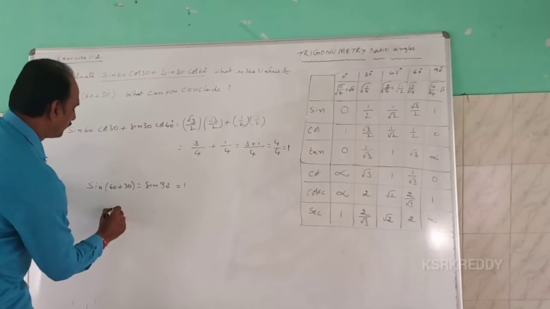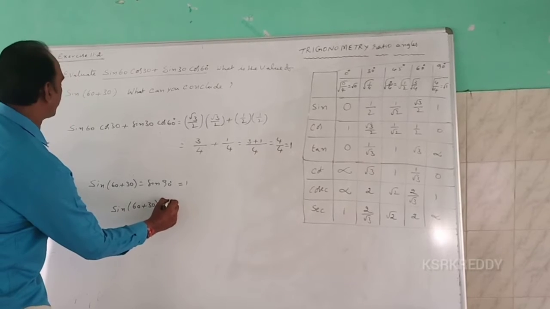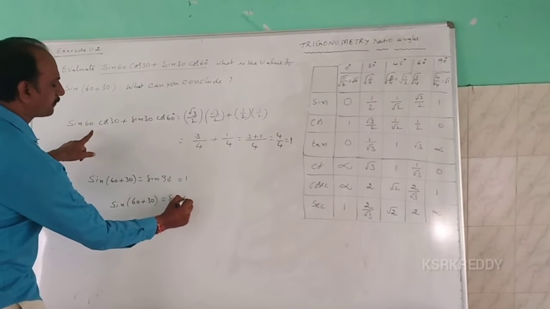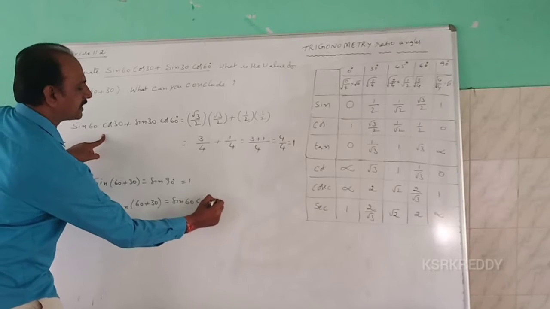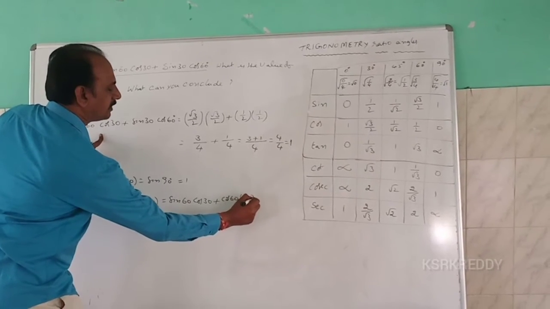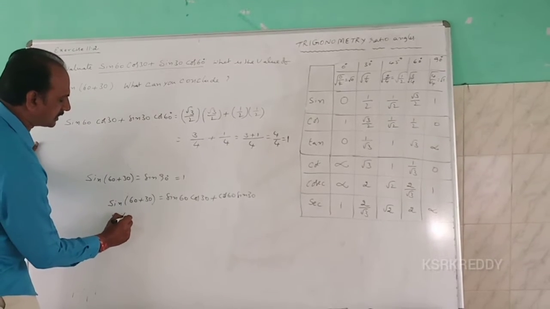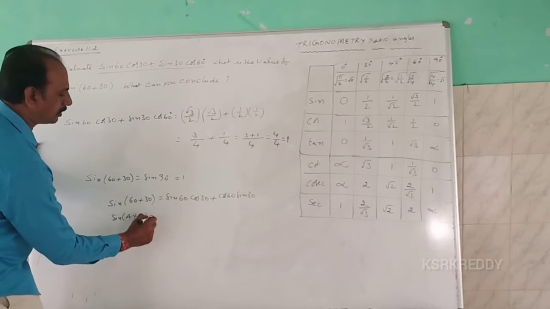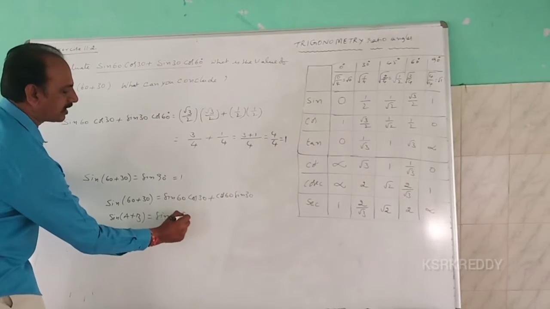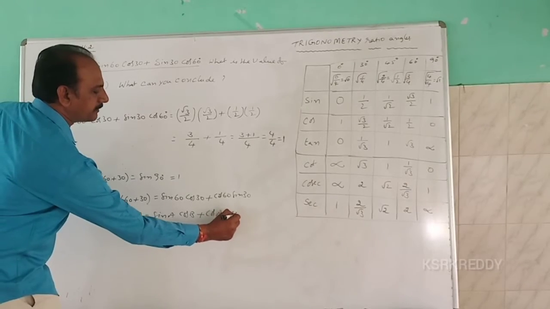Therefore, sin of 60 plus 30 equal to sin 60 cos 30 plus cos 60 sin 30. That is the formula: sin of A plus B is equal to sin A cos B plus cos A sin B.